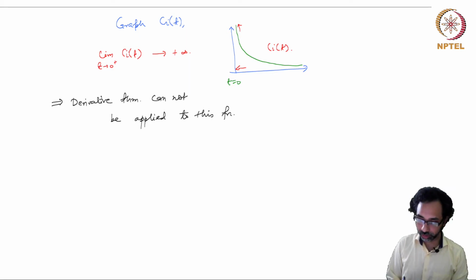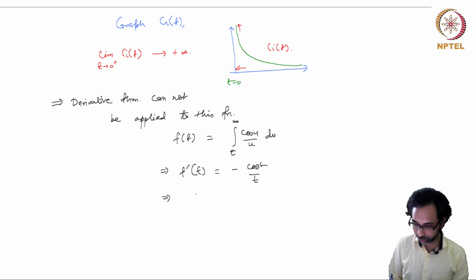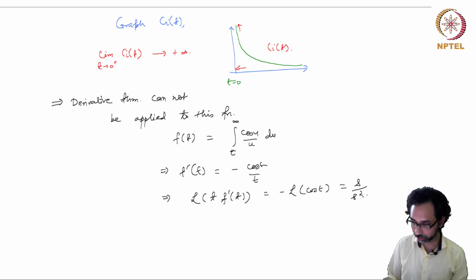In fact, in many places I have seen that once we define this function, the integral from t to infinity of cos u over u du, then people differentiate the function to get minus cos t over t, and then they take the Laplace transform of t f prime(t) as minus the Laplace transform of cos t, which is s over s square plus 1.